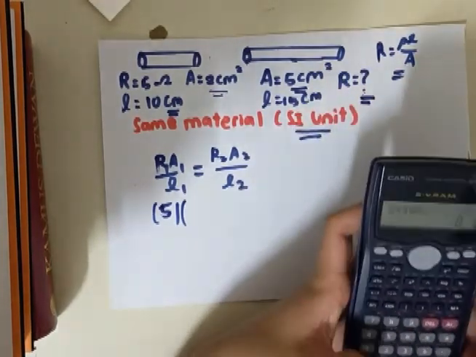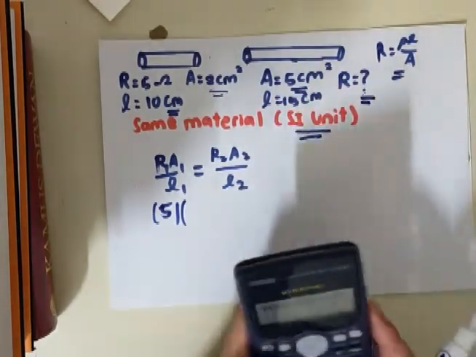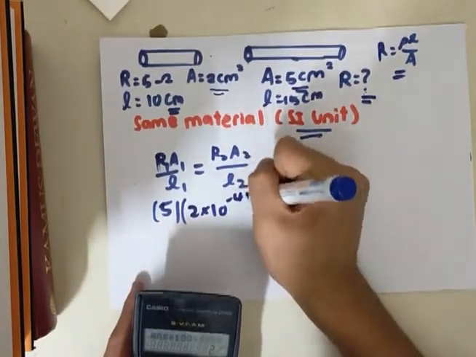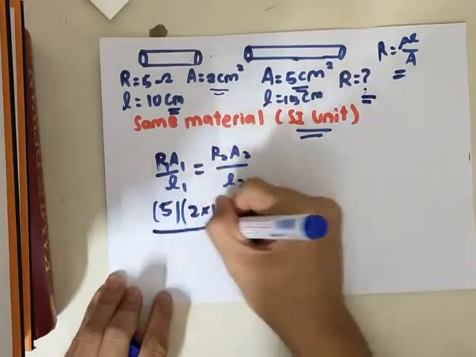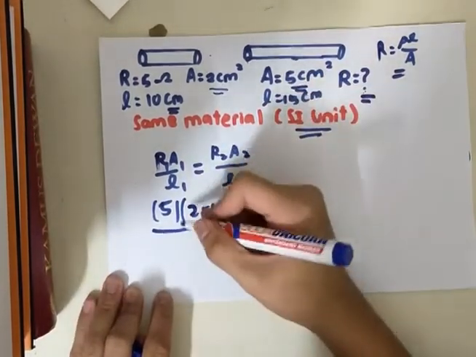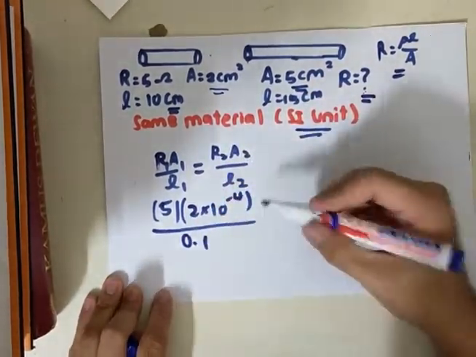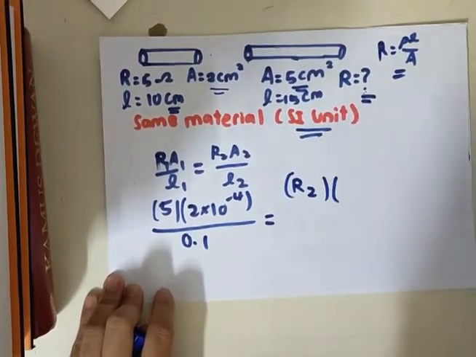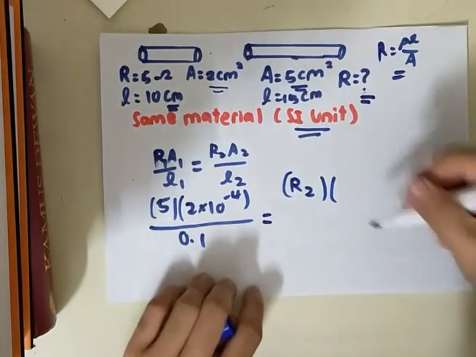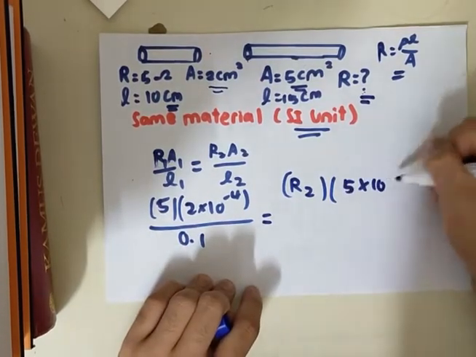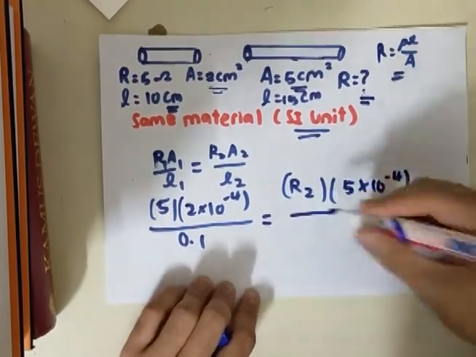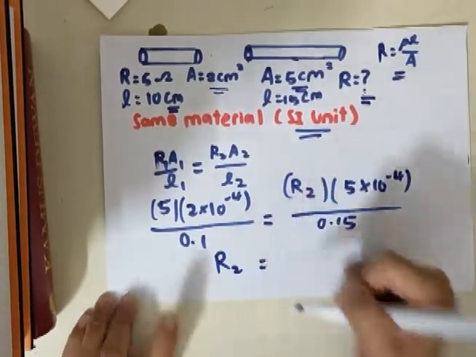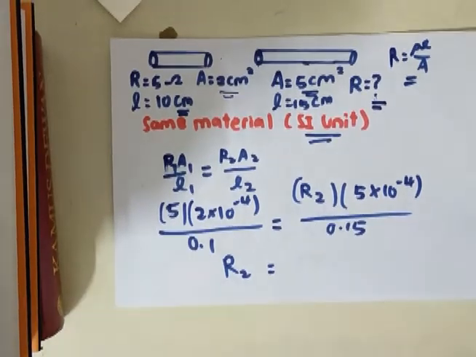Just 2 divided by 100 divided by 100, then you get 2 times 10 to the power negative 4, over 10 cm, which is 0.1, equals R2, my unknown, times 5 cm squared, which is 5 times 10 to the power of negative 4, over 0.15. After pressing my calculator, I'll get 3 ohm.